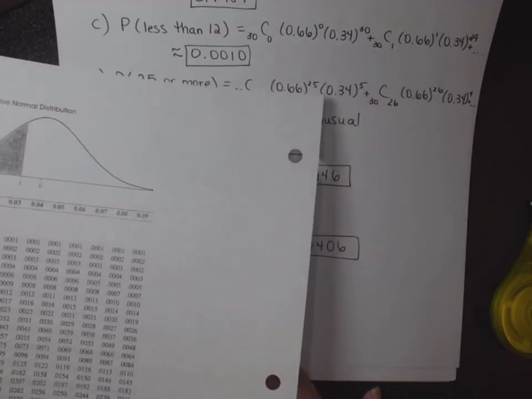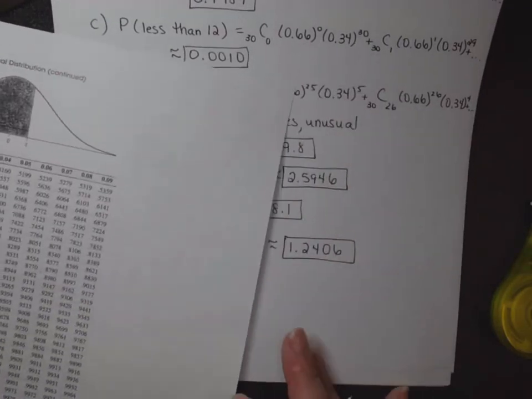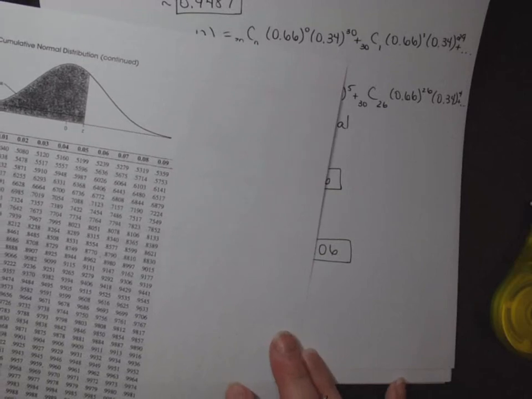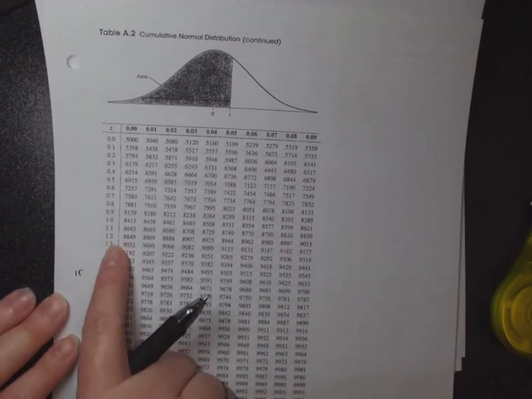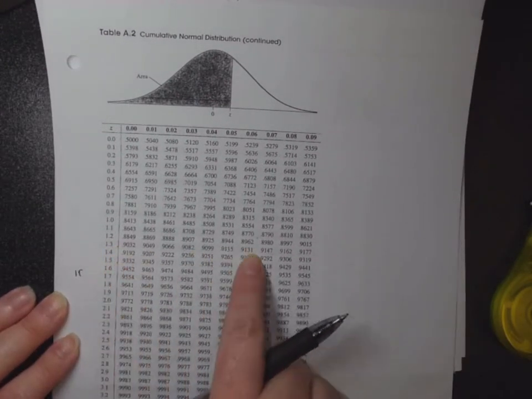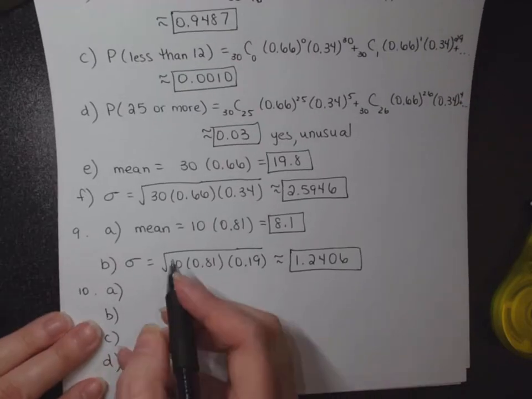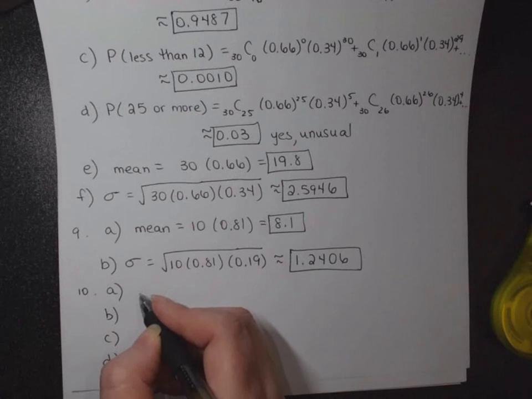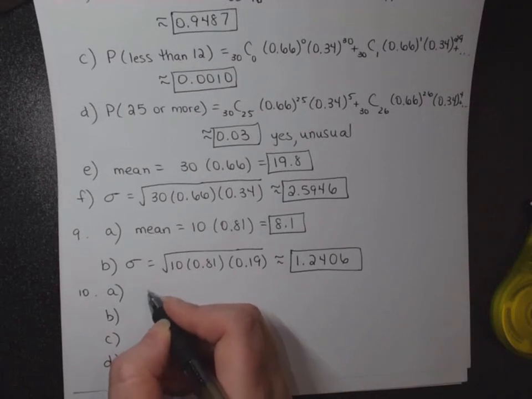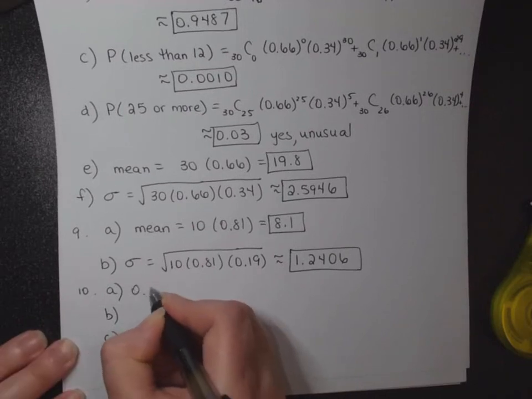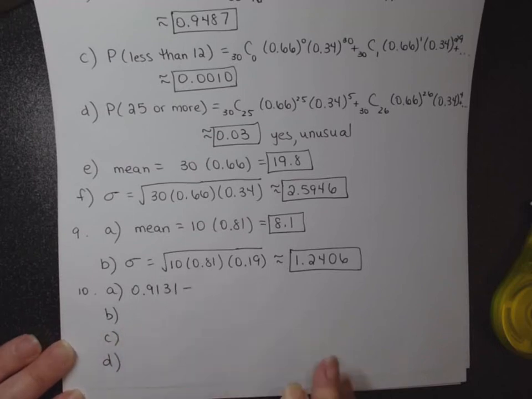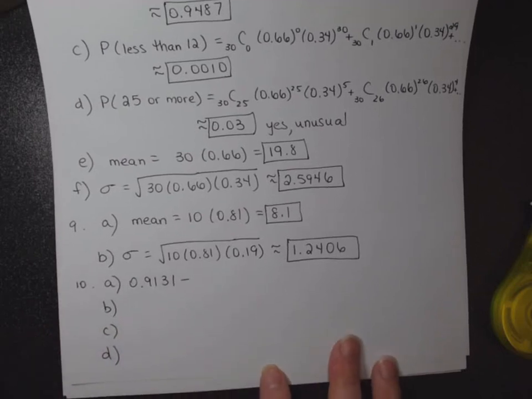and 1.36. So you start with the bigger one, the 1.36. So here's 1.3. Let me move my chart. Here's 1.3, and then you put your finger over, so it's 0.9131. So the first one is going to be 0.9131 minus whatever you get when you read the negative 1.28.